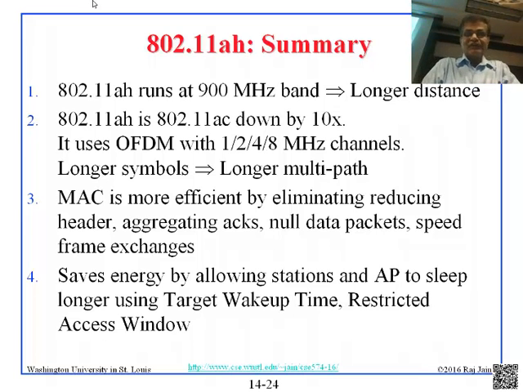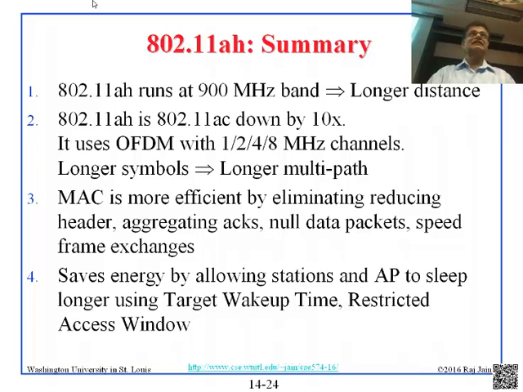The MAC is more efficient by eliminating or reducing the header. Header was 26 bytes shorter. Aggregating ACKs, you didn't have to ACK every packet. Null data packet, everybody remembers null data packet? What does that mean? Zero byte MAC layer. Everything is in the PHY.